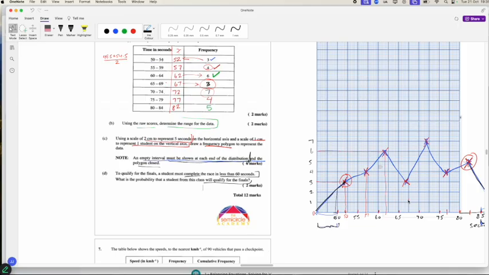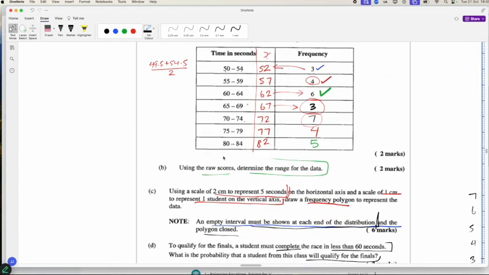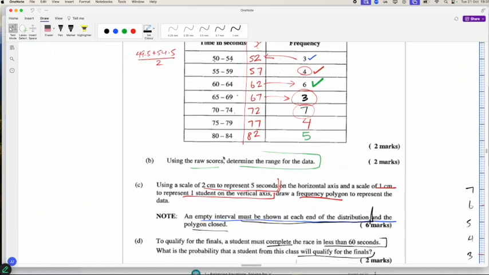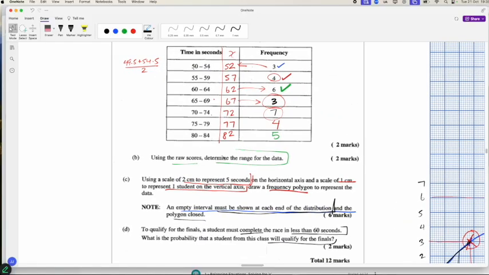A cumulative frequency curve gives us this, but a simple frequency polygon like this does not give us this. So what are they asking for? We'll go to the table. They're saying that to qualify for the finals, a student must complete the race in less than 60 seconds. So I will go look at 60 seconds here.